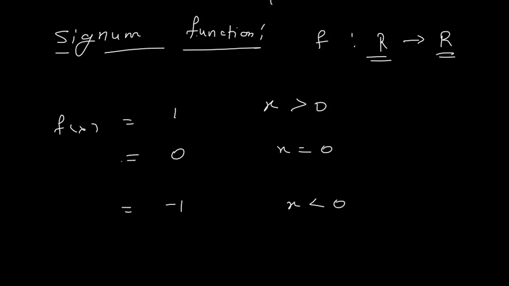So when the value of x is negative, the value of f(x) is minus 1, when x is positive, the value of f(x) is plus 1, and when it is 0, the value of f(x) is 0.